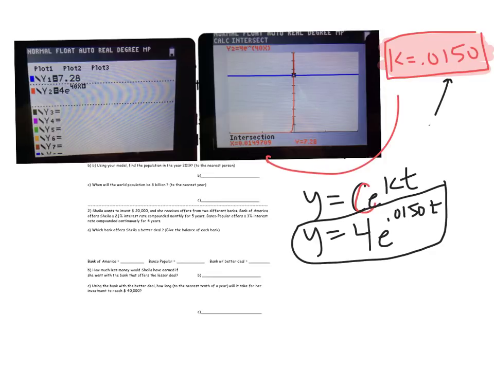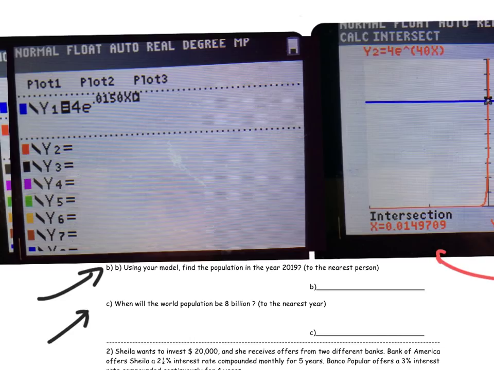Once you have that equation, to go about answering questions like parts B and C, you just use this equation and your graphing calculator to get those answers. What I suggest you do is once you set up that equation, type that into your calculator, get rid of the other two equations that you used to solve for k, because now you have it. Type that new equation into y1 and go about answering your questions.